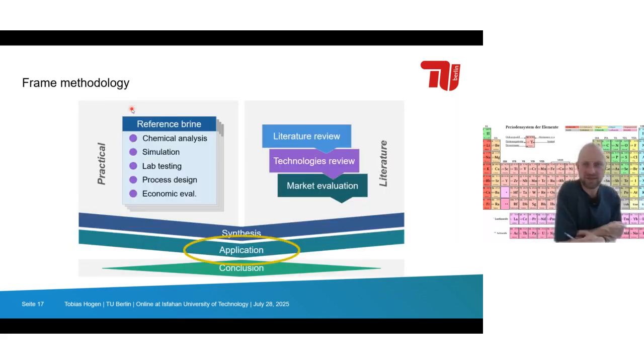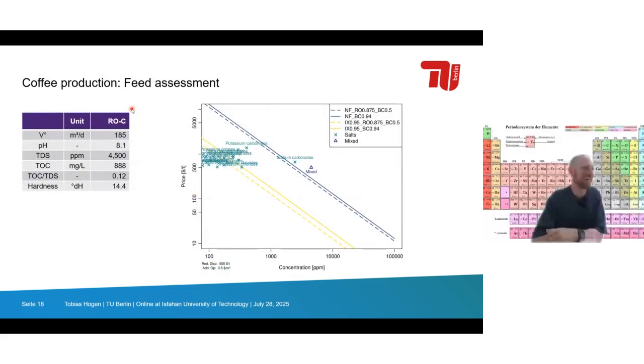Okay, so let's apply this on our reference cases, and then we are finally done. Take a look back at our coffee production wastewater. Here I have a plot of the profitability chart, concentration and the price, and there you can plot all possible salts which can be formed according to your feed stream analysis.